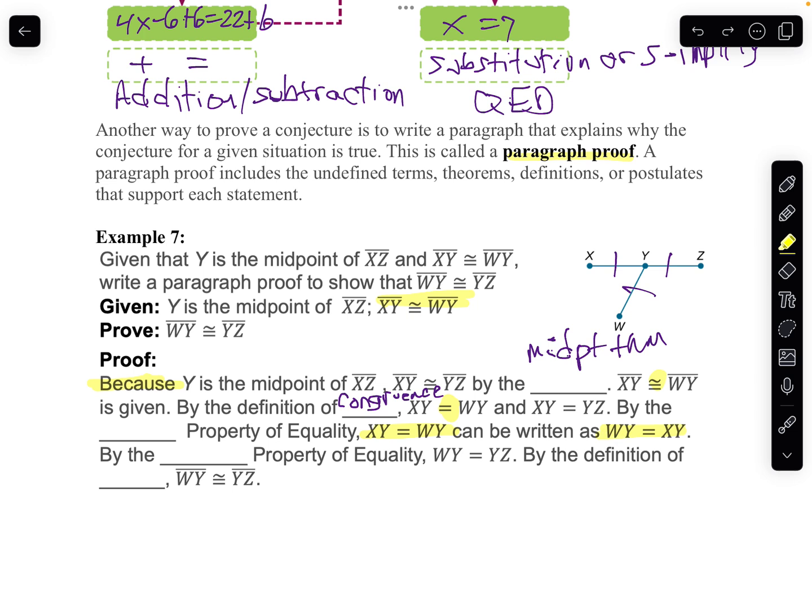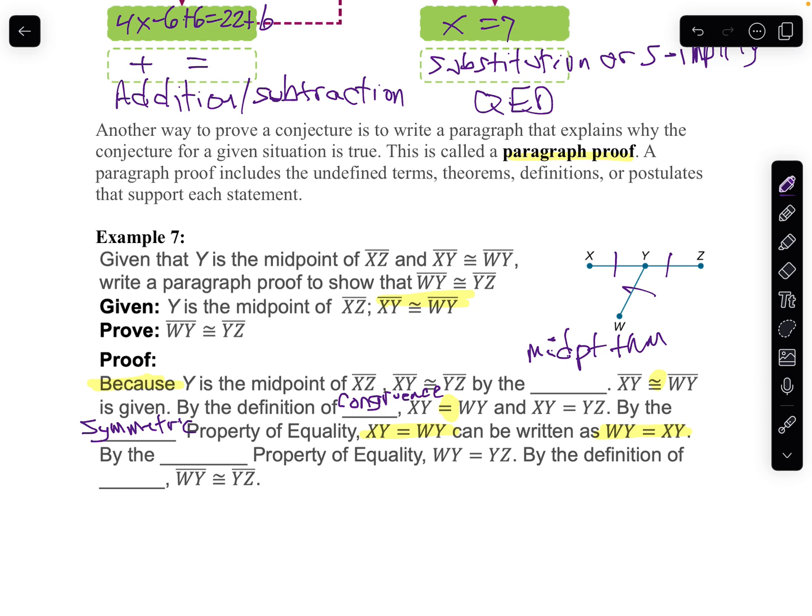Got to read the whole sentence. So notice I just flipped the sides. That goes back to algebra. That's your symmetric property. Usually I don't make students write that one down because it's so obvious. But sometimes we have to write it down in somebody else's proof.